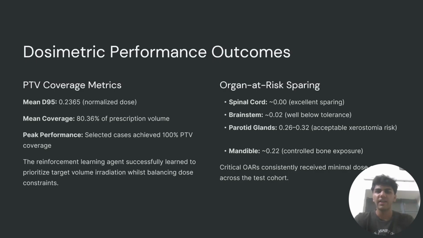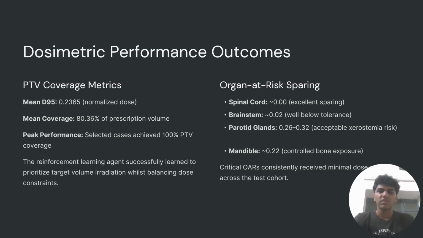The parotid glands, which impact long-term quality of life due to salivary gland function, stayed within an acceptable range, around 0.25 to 0.232, meaning the system managed xerostomia risk reasonably well. The mandible dose averaged around 0.22, showing controlled exposure and low risk.